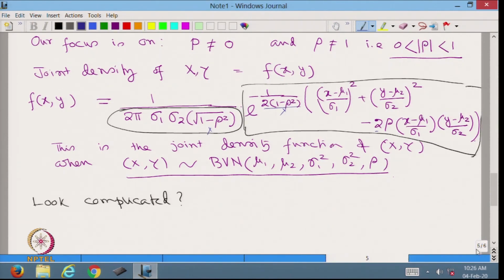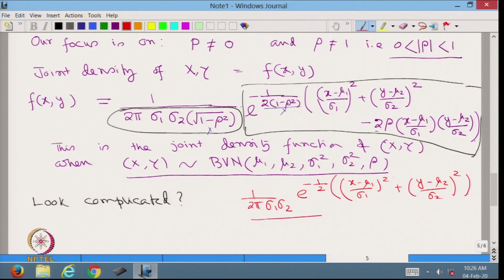Therefore, we are left with 1 over 2 pi sigma 1 sigma 2 e to the power minus half into x minus mu 1 upon sigma 1 whole square plus y minus mu 2 upon sigma 2 whole square.